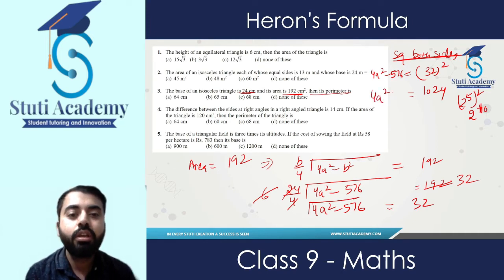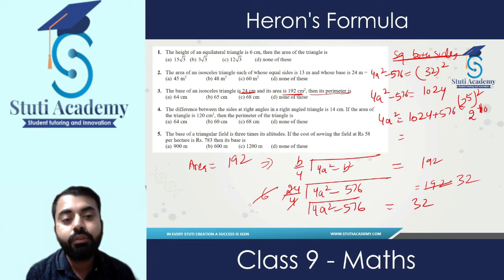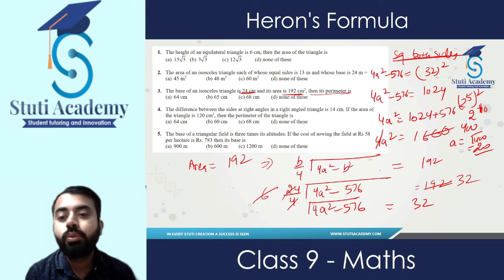Now I have this 4a square minus 576. So 4a square will be 1024 plus 576, which gives you 1600. 4a square equals 1600, so a square will be 400. A will be the square root of 400, that means 20.